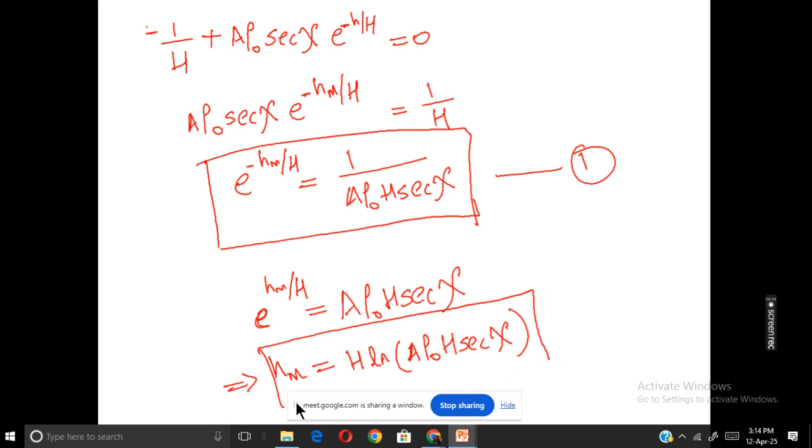This is the height at which the peak production occurs. So the height of peak production is given by H into log a ρ0 H c χ.